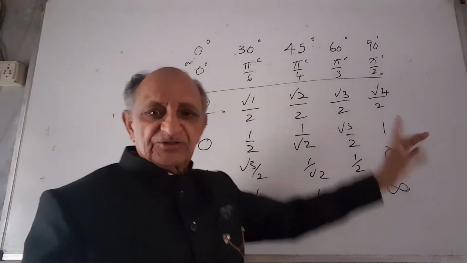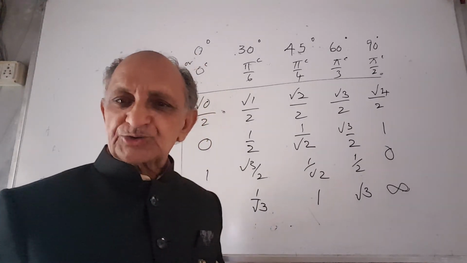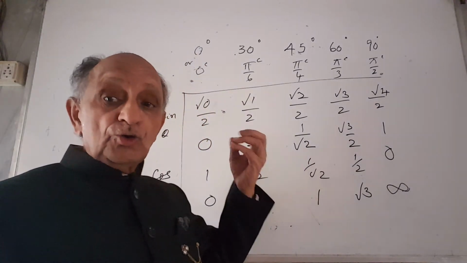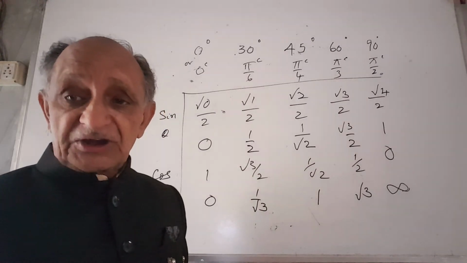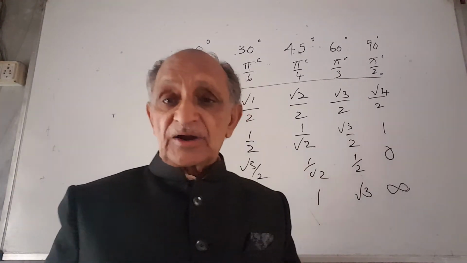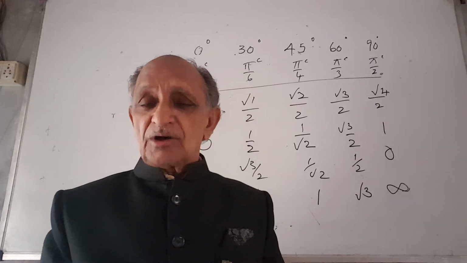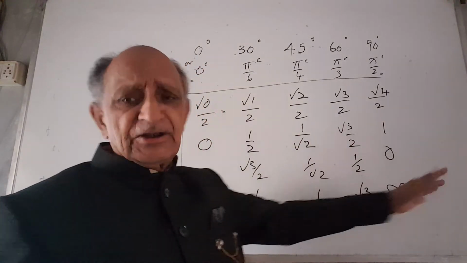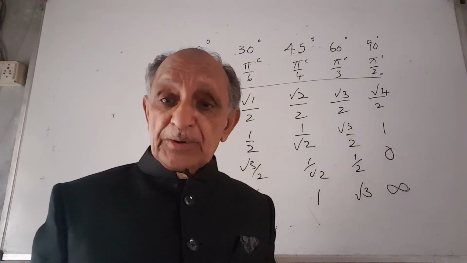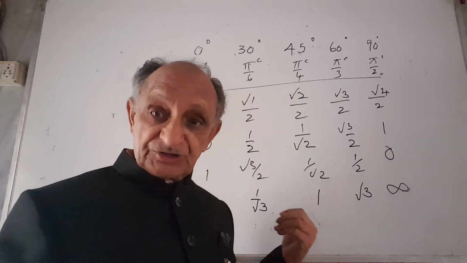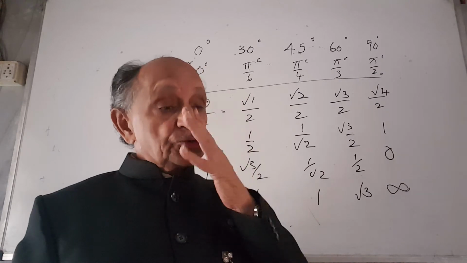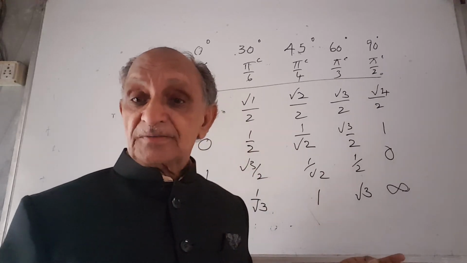Only if you remember this, all the 15 values you remember. You have to remember this. You can go to the examination hall, take it on the paper, draw one line in the rough work, and write this. Because in the paper there will be so many questions on this. That is what is called exact values.